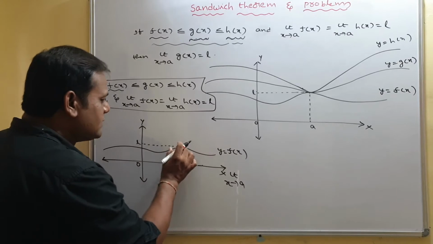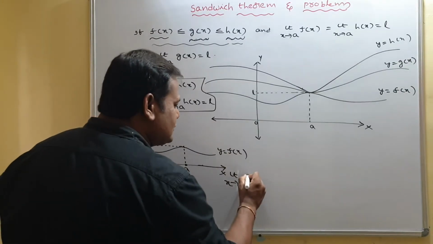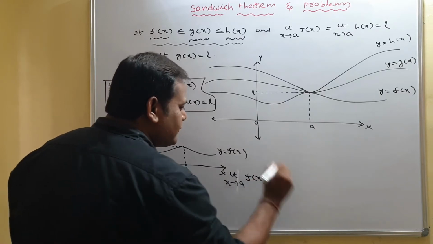Now, limit x tends to a, I mean x approaches a, then this function approaches L. So x approaches a either from the right side or left side, the function approaches the number L. So limit x tends to a f of x is equal to L.